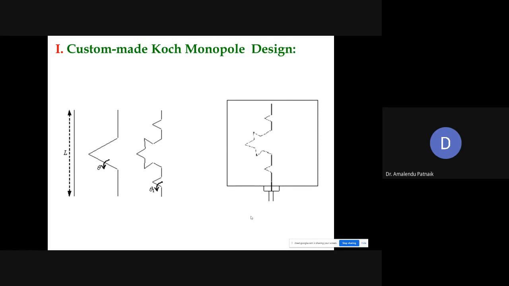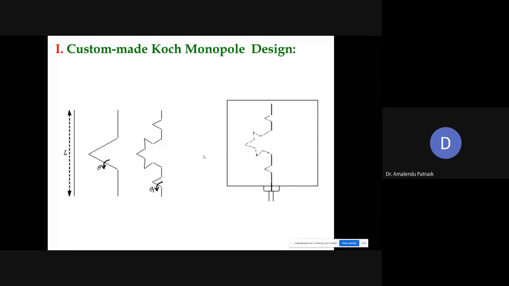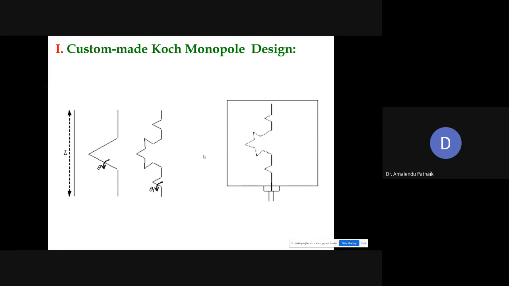On the right-hand side, you can see the shape of a Koch monopole antenna. It's a planar antenna, basically a fractal antenna, and those who are engaged in antenna designing or antenna research must know that fractal antennas are multiband antennas, right?